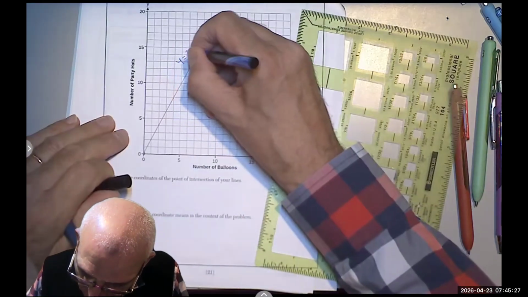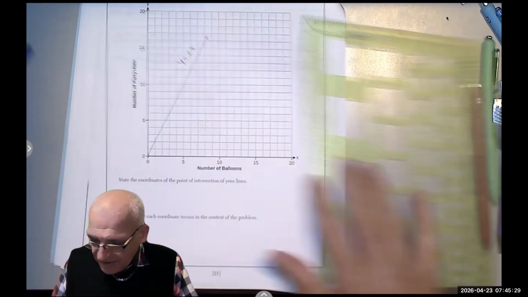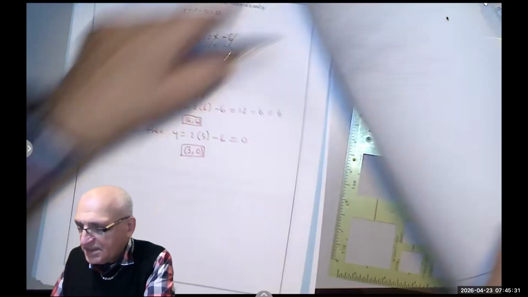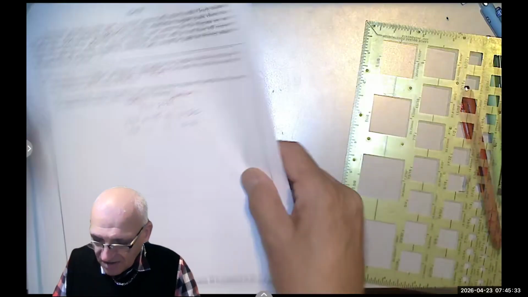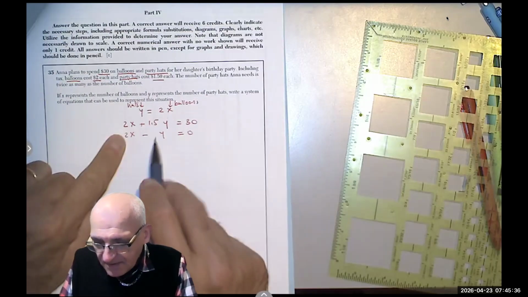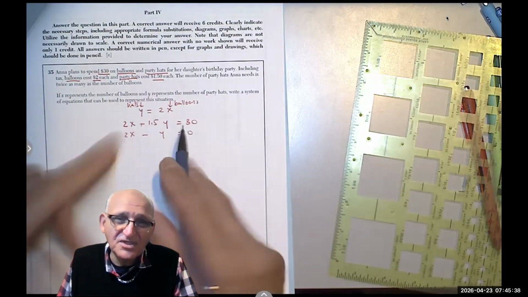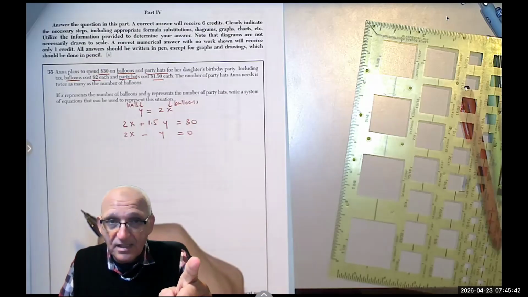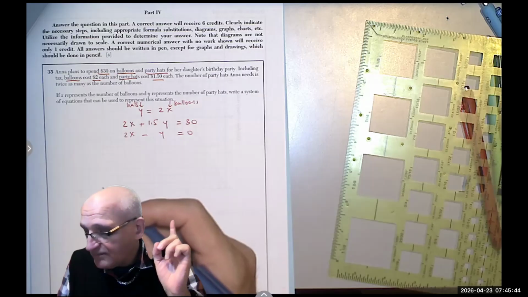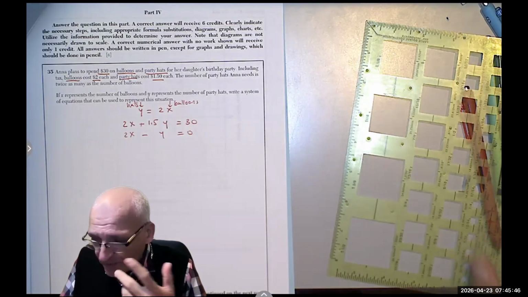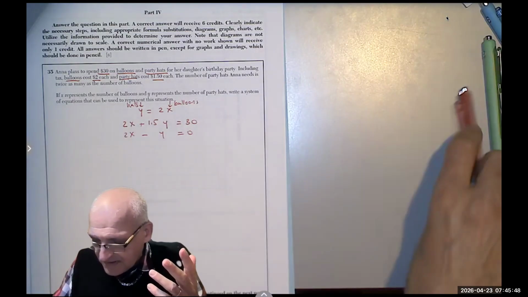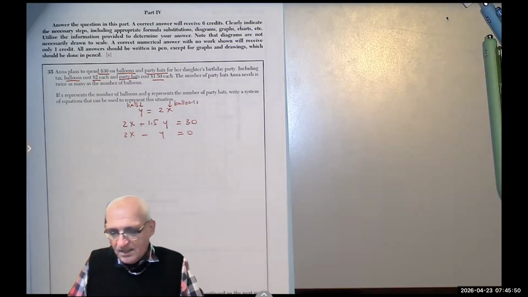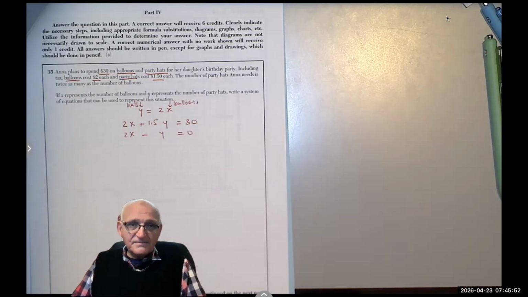And we write on it, y equals 2x. Now, when you go back to the second equation, it says 2x plus 1.5y equals 30. So that's hard to draw. By the way, I showed you in one of the videos another form that for some reason I don't see explained in classes.